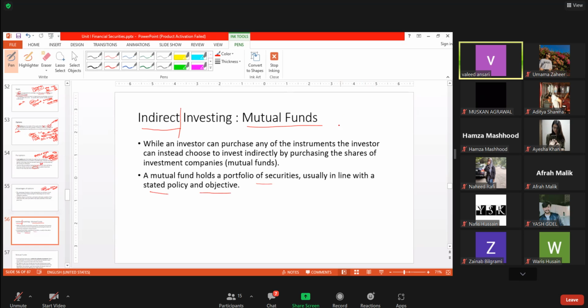Whenever you make an investment in a mutual fund, the fund specifies where the investment will be made. Like in the first part of my lecture, while talking about the statement of objectives, I told you that large investors like mutual funds have a stated objective. Retail investors may not specify it, but they may have one. So let us try to understand it further.